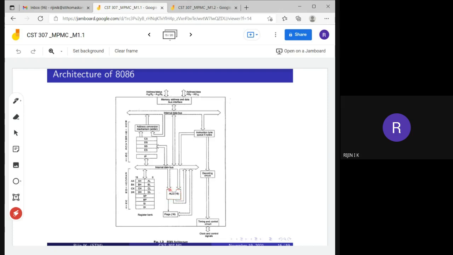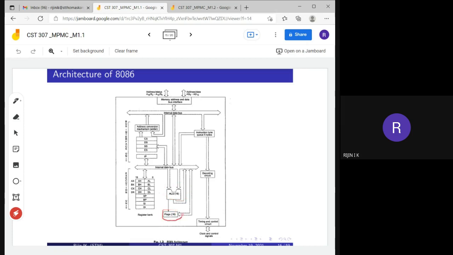Not only 16-bit, in 8086 the ALU can perform 8-bit operations also. We can say that the ALU is used to perform either 8-bit or 16-bit operations in the 8086 microprocessor. So that is the ALU.